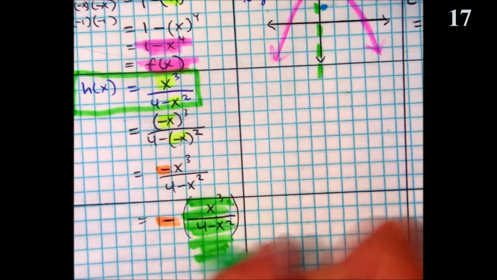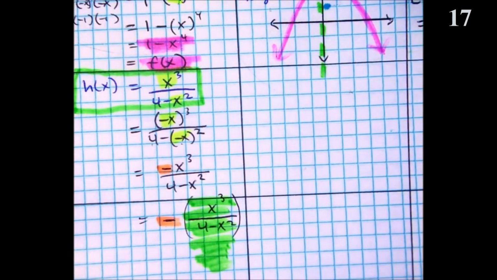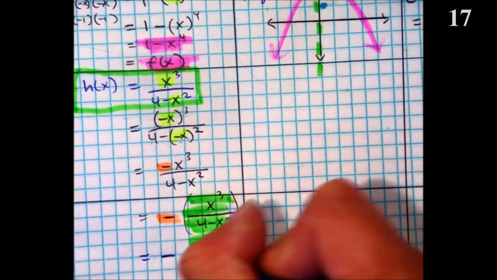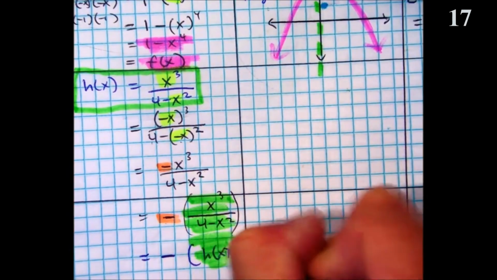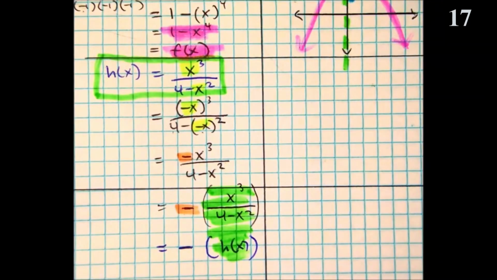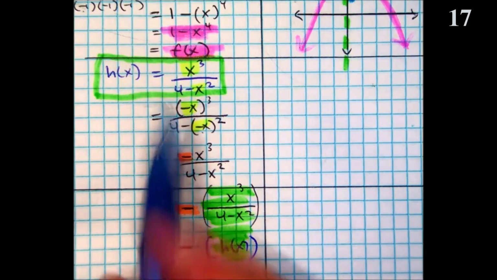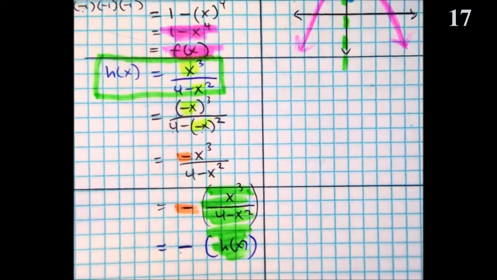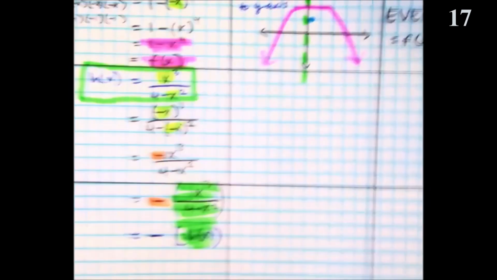So I'm going to write is equal to the opposite of h of x. When the problem is the opposite of what you started with, this is an odd problem.